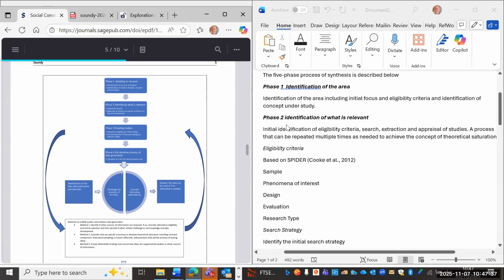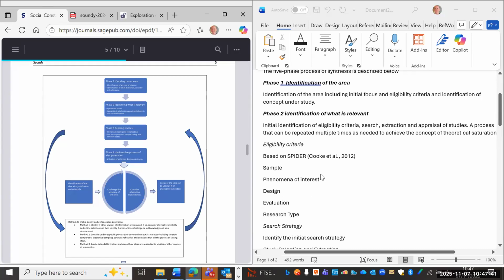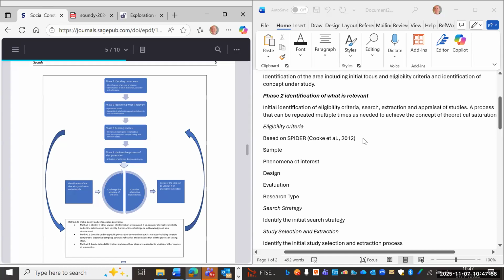And then I would look to identify what is relevant in quite a traditional way. That includes eligibility criteria, search, extraction, and quality appraisal, noting that quality appraisal asks slightly different questions, and you can tabularize those questions. So again, come back to the framework article for that.